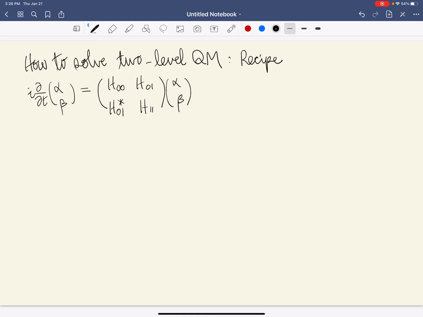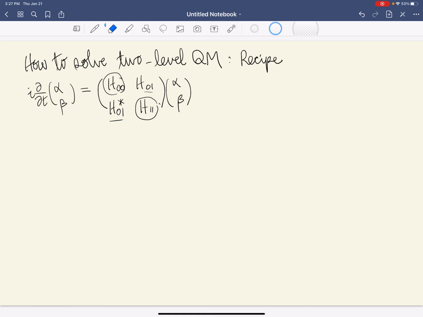And there were some conditions on these elements of the Hermitian matrix, namely that the diagonal elements are real, and the off-diagonal elements are complex conjugates.